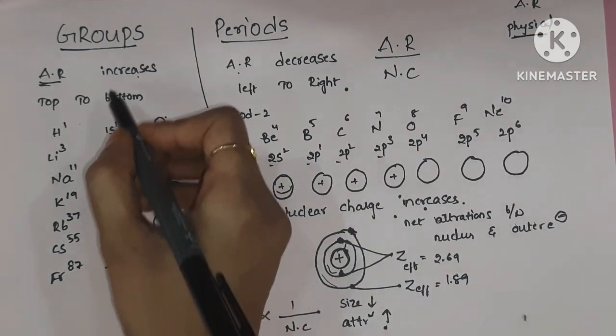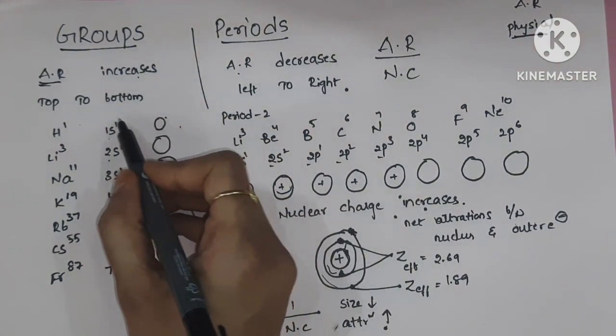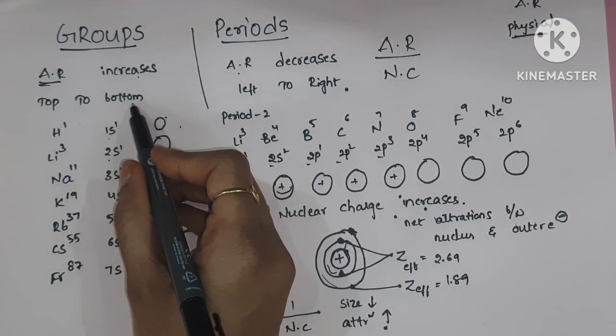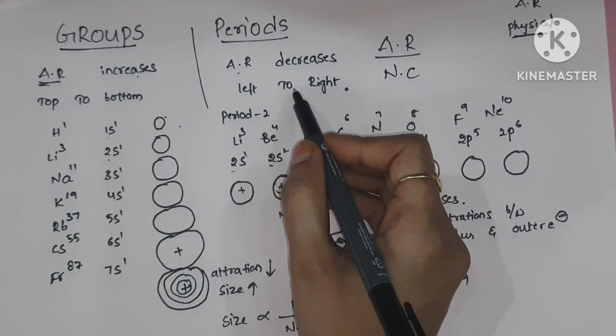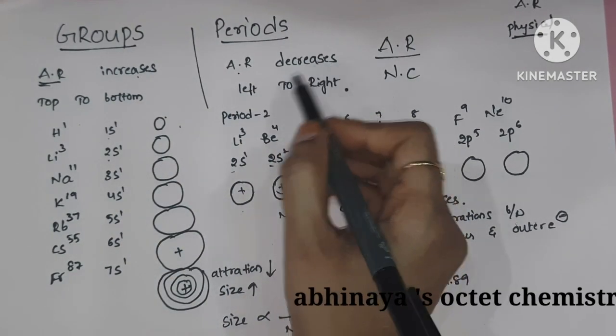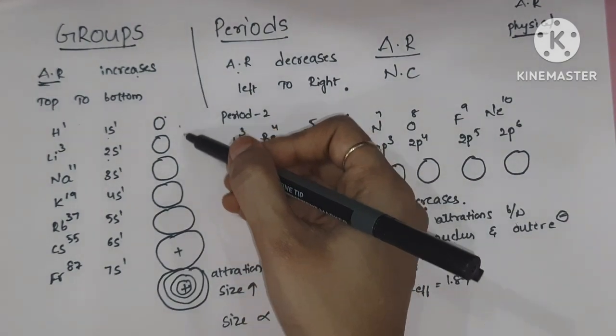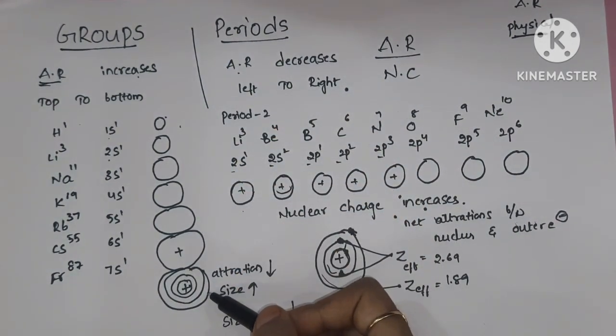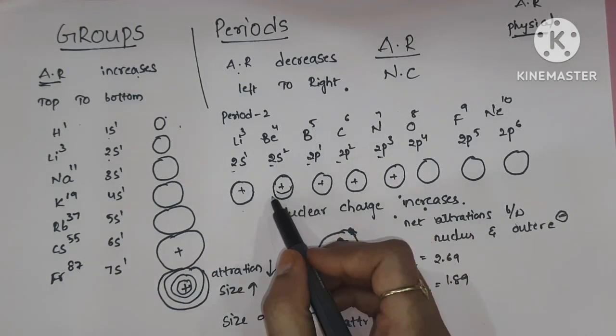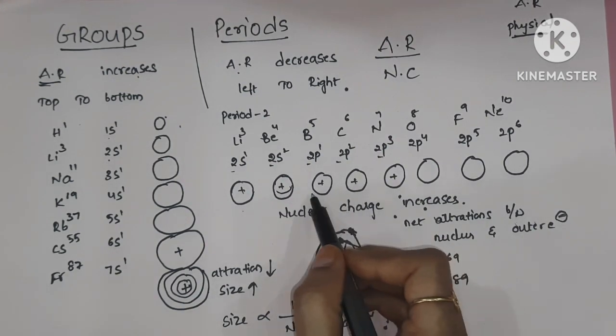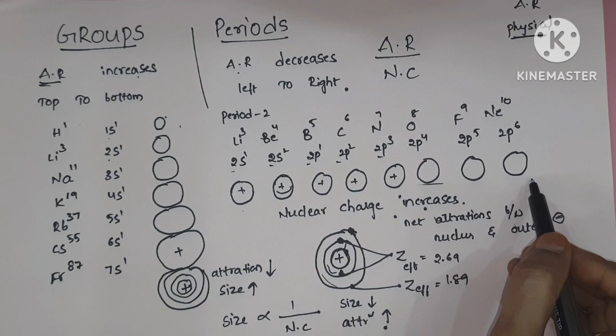That's why atomic radius increases from top to bottom in groups, and in periods atomic radius decreases from left to right. The size of the elements in groups is like this, and in periods it remains the same. This is the big difference between groups and periods.